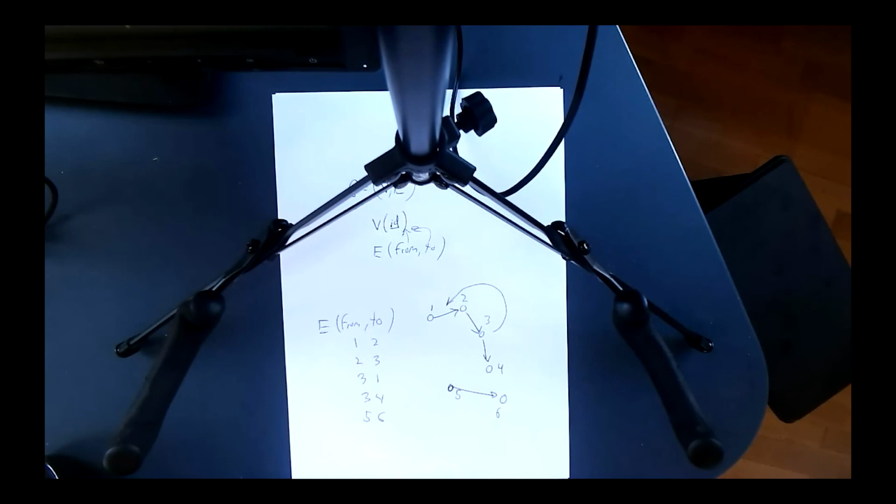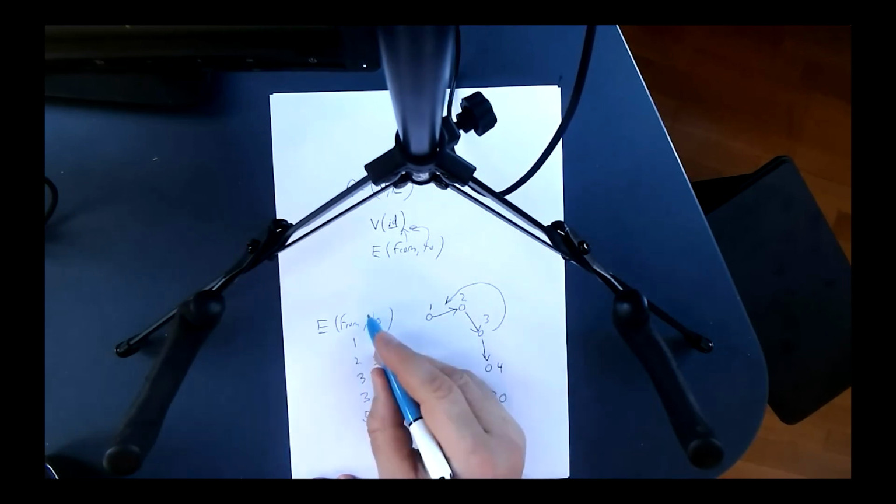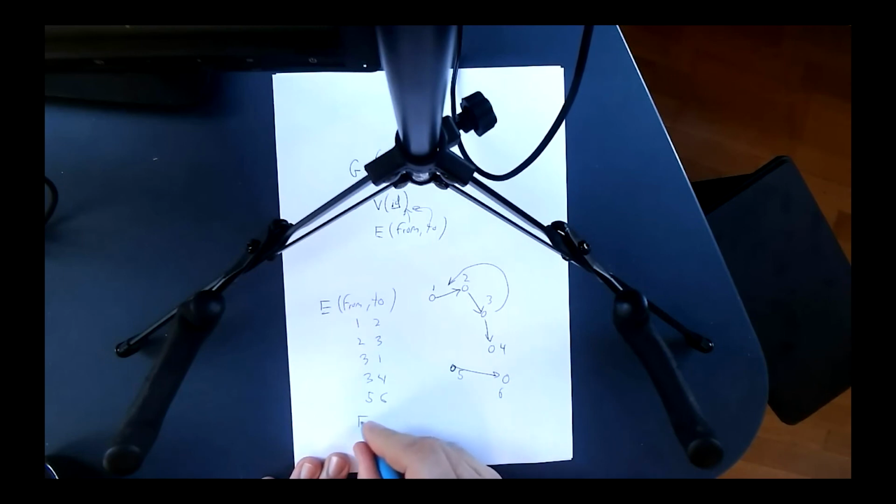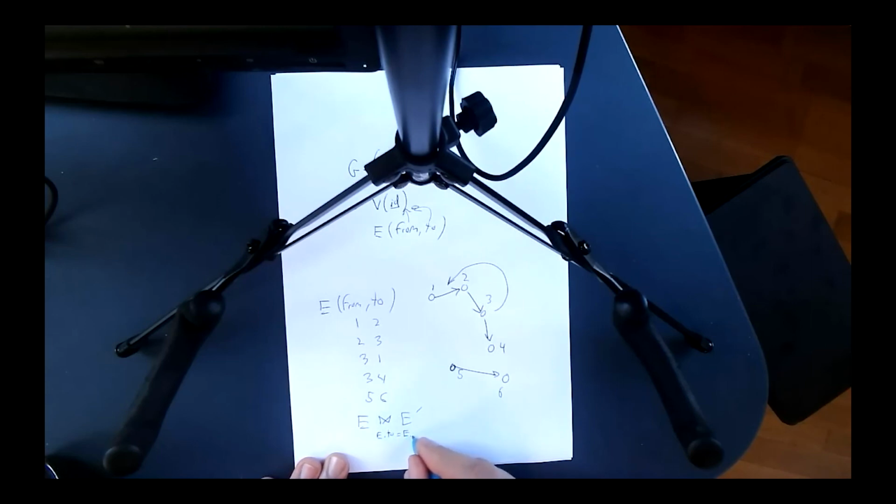Okay, yeah, it is possible. Let's just quickly do it. If I say E, I'll do a theta join with E prime, with the understanding that it's just a copy of E, and I'll say that E dot to equals E prime dot from.